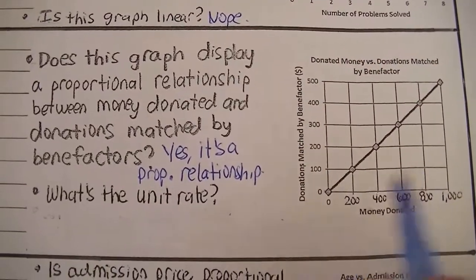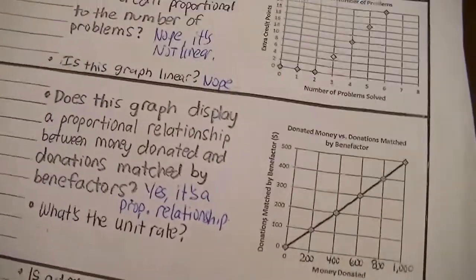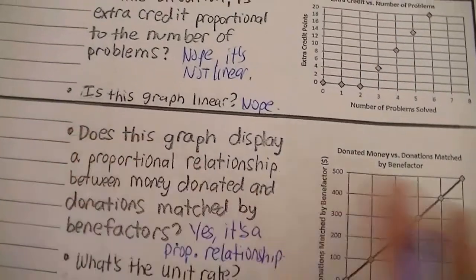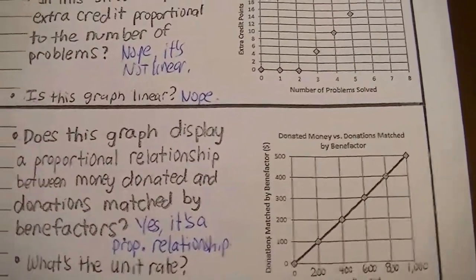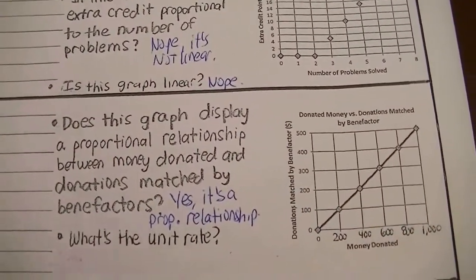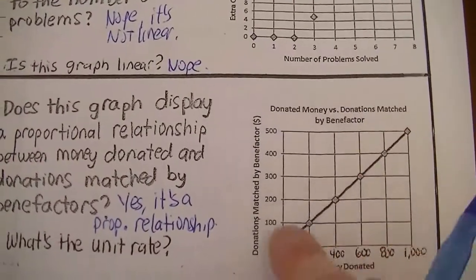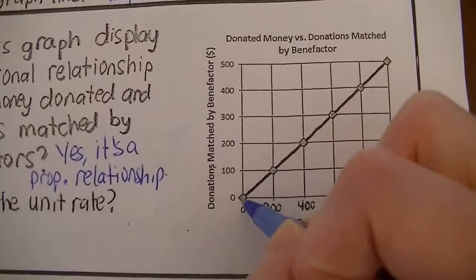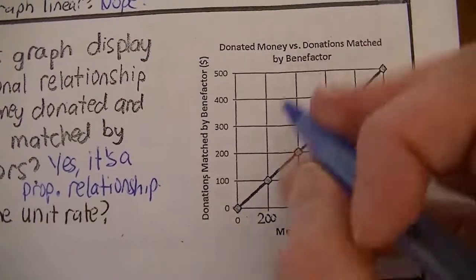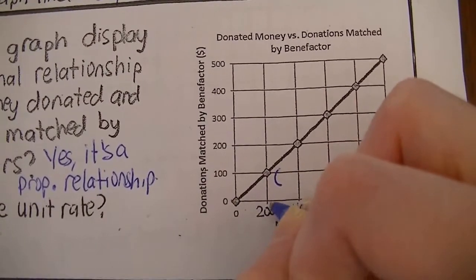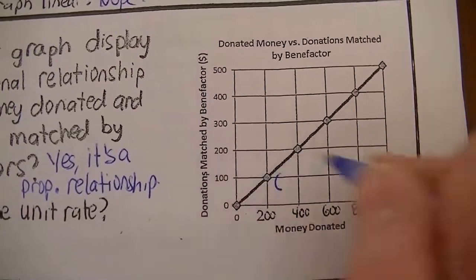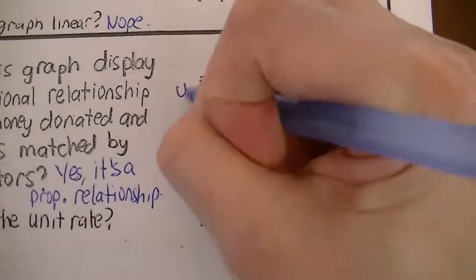What's the unit rate? Okay. Here's where it could get a little bit tricky for you folks because you don't have a table. But that's completely fine because remember, the points in a table you can see directly in the graph. So I know that point is 0, 0. This point right here is x is 200, y is 100.